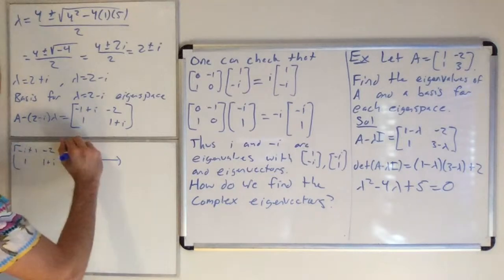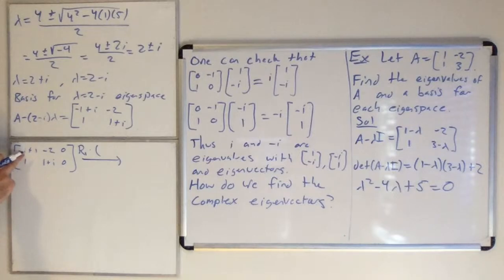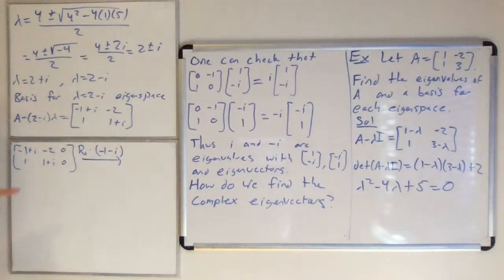So let's take row 1 and multiply by the complex conjugate. Sorry, I wrote this wrong. This is -1 plus i. So the complex conjugate is -1 minus i. Okay, so we're taking row 1 and multiplying it by -1 minus i.